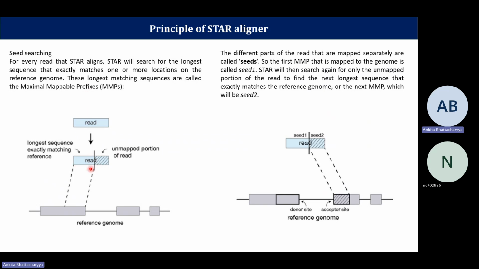So this part is an MMP, and these separate individually mapped parts would be called seeds. So, like we were initially discussing, seed searching is the first thing that the STAR aligner does. It basically looks for the longest regions of your reads that can align with some portion of the reference genome. Please let me know if you do not understand at any point. We'll go through it again.